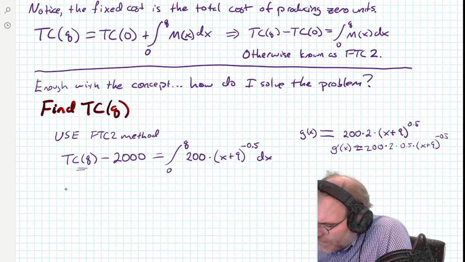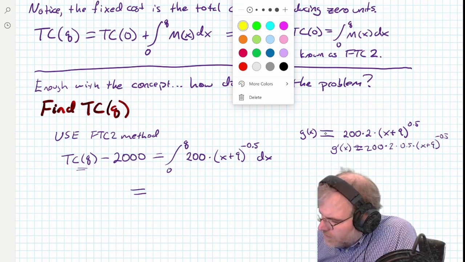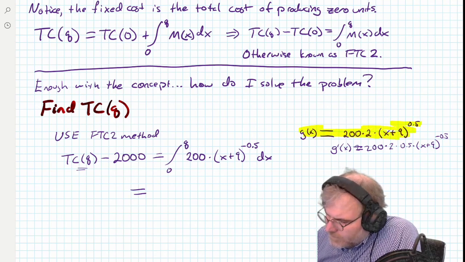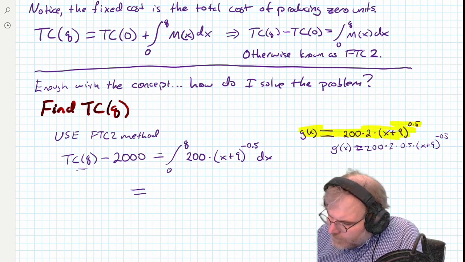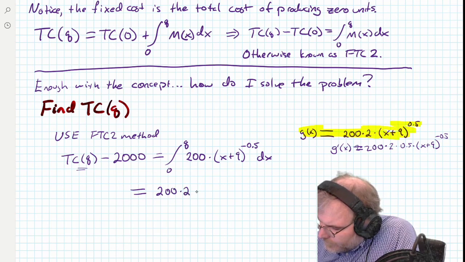So this bit is going to equal, by FTC2, this is G. Let's not lose him. So that is going to equal G of Q minus G of 0.